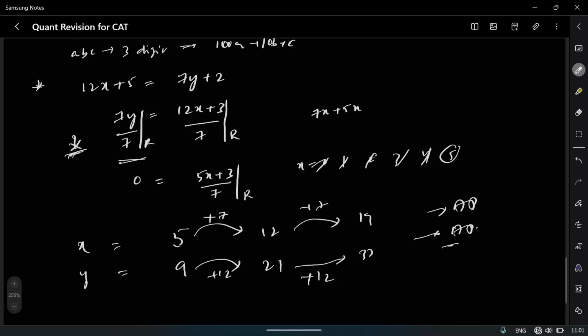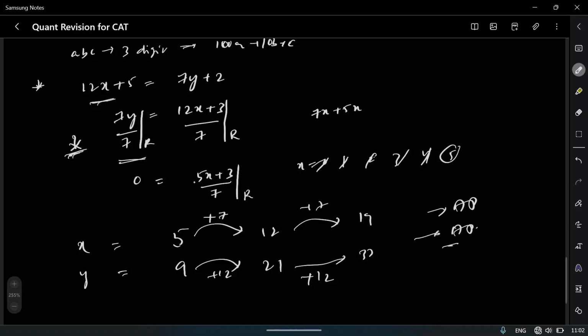Normally, in institutes and all, they substitute x equals 0 and go on from there. If you want to do it in a simple way, here we put x equals 0, and the remainder we get is 3. Then we put x equals 1, and we get remainder 8.